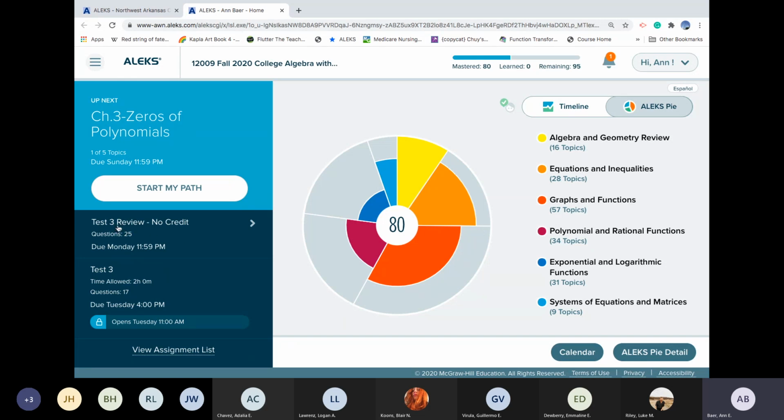Students who tend to do this Test 3 review, no credit assignment, tend to do quite well in the class. It's just another way to review. And what's nice about this assignment is that it has the 7 written work required problems, the first 7 problems.